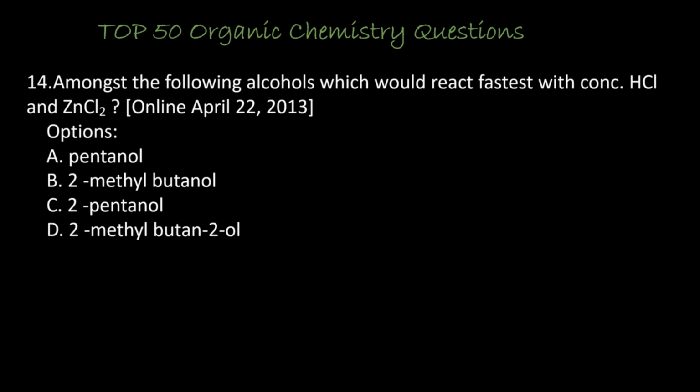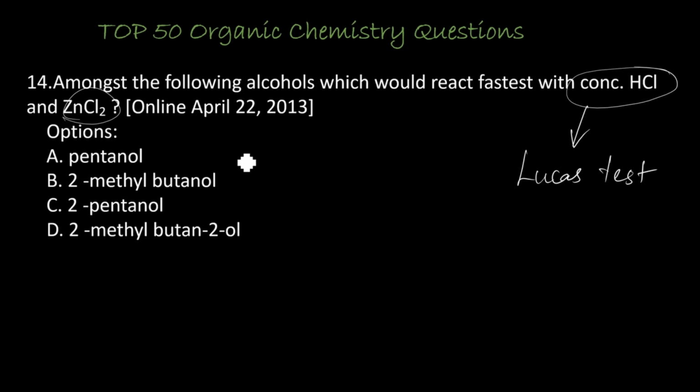Then amongst the following alcohols, which would react fastest with concentrated HCl and zinc chloride? So what is this concentrated HCl and zinc chloride? That is Lucas test. Remember? Anhydrous zinc chloride and HCl.